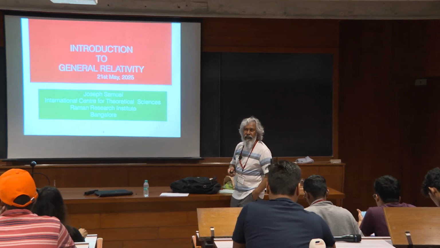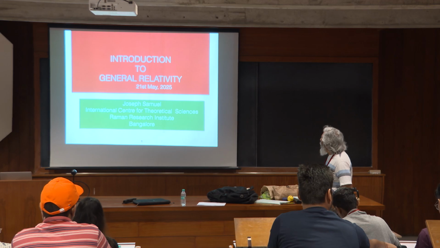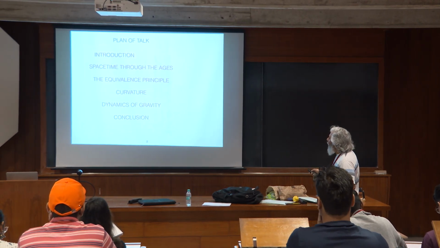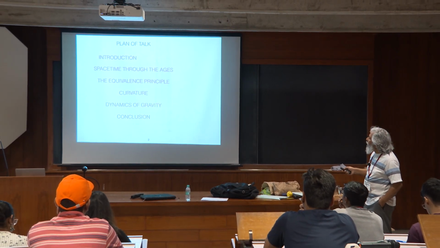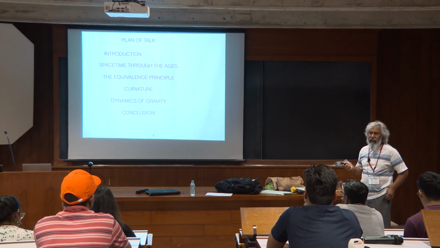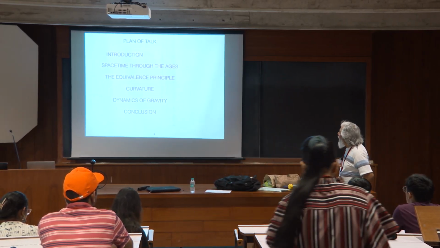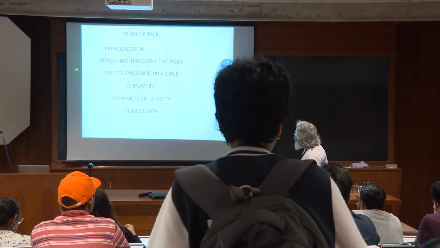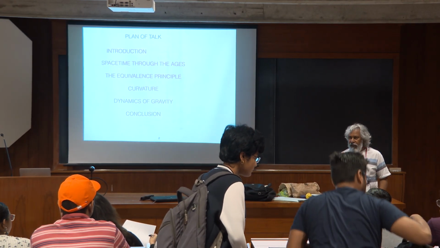Yeah, so this is the second lecture on relativity, and I'll be giving you a brief introduction first, followed by a history of the way in which we think about space-time through the ages. That gives you some perspective about where we are today. And second, a very important physical idea, which was used by Einstein to come up with the general theory of relativity.